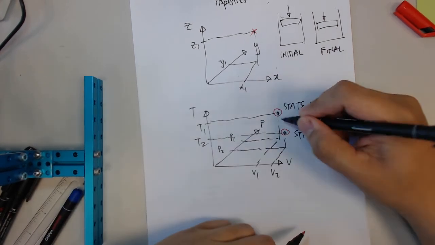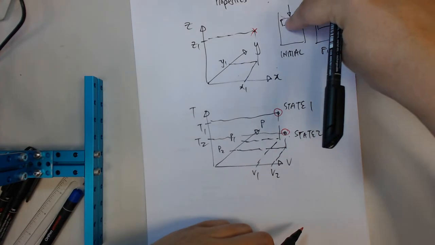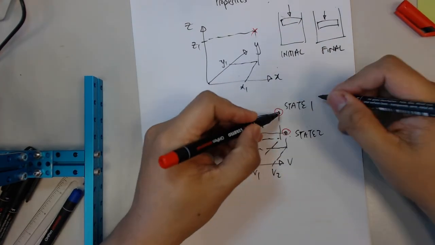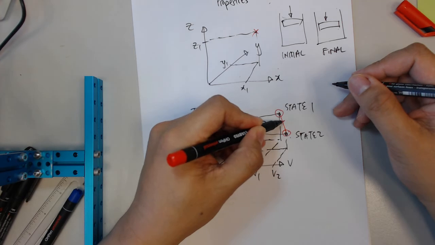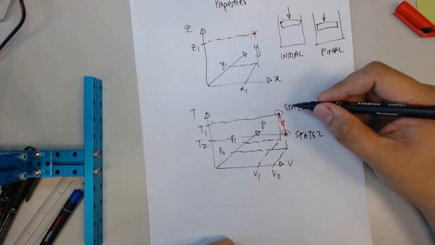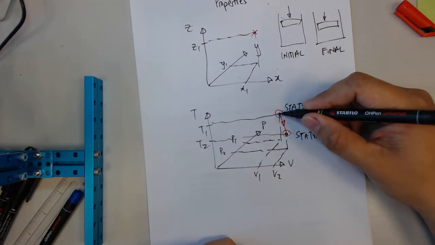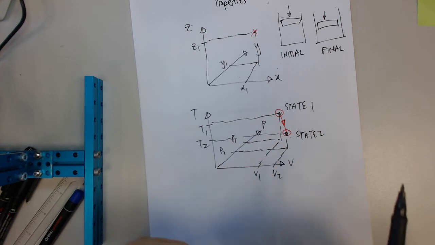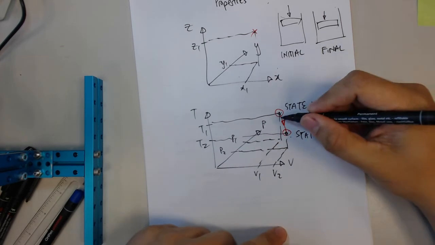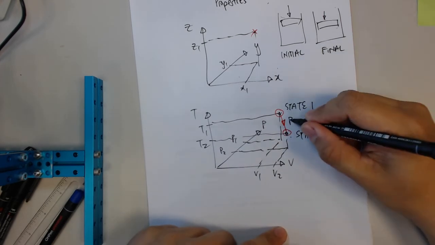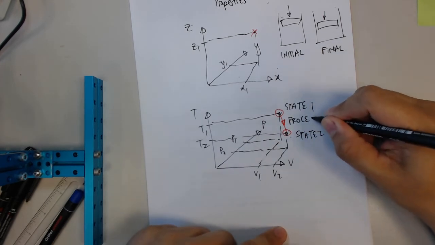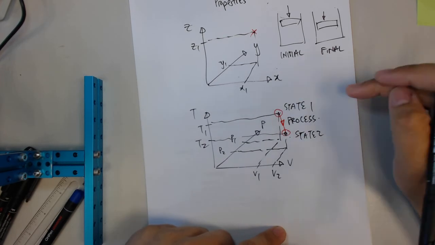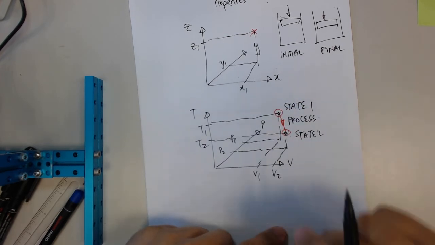From here to here is the process going from uncompressed to compressed. You're going to go from state 1 to state 2. Two points form a line, right? It's the same as your coordinate system. Two points form a line, and this line, in thermodynamic terms, is called the process. It is from state 1 to state 2.